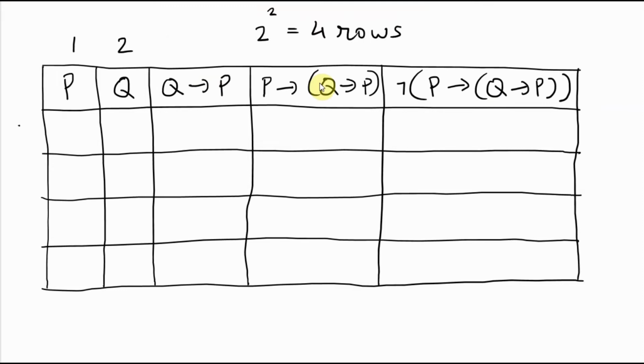Now for each row, you have to enter the truth value input for P and Q. So P is true, true, false, false, and Q is true, false, true, false.